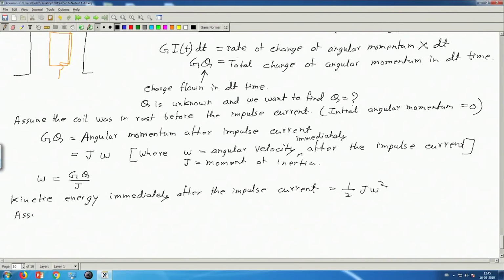So we have to find out with this energy how much can this coil move, and let us assume the coil can move up to an angle, say theta f, f for final, when the coil will stop.